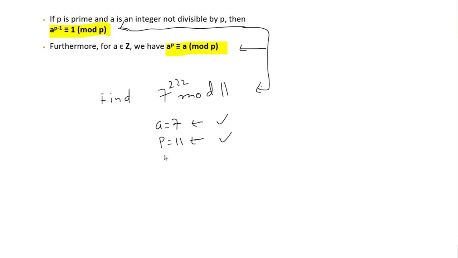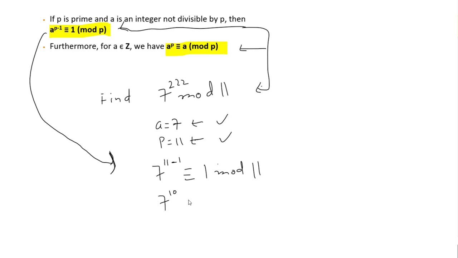Then we can express it using this congruence as 7 raised to the power 11 minus 1 is congruent to 1 mod 11, or 7 raised to the power 10 is congruent to 1 mod 11.